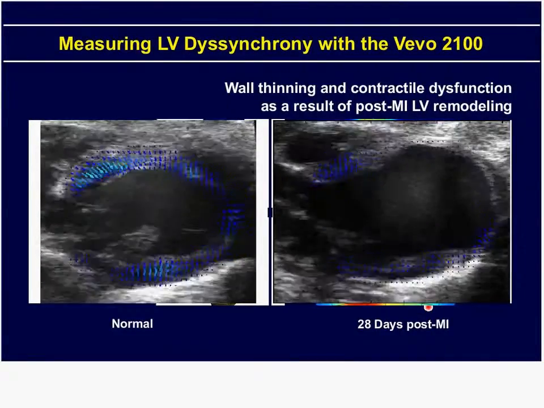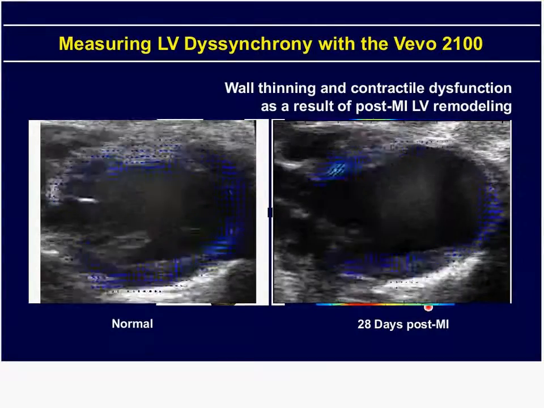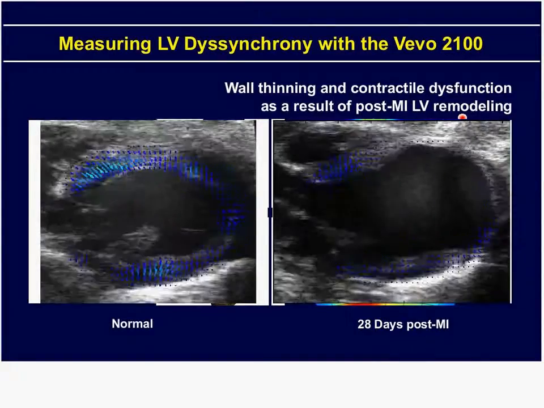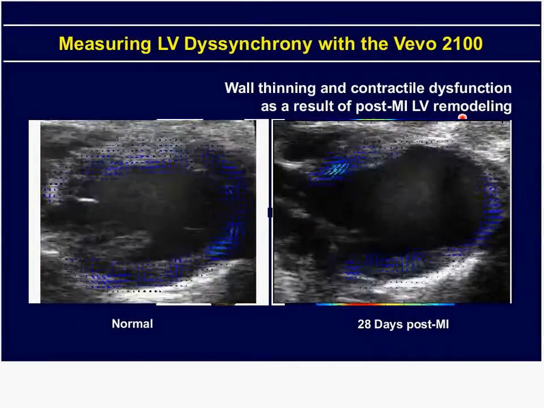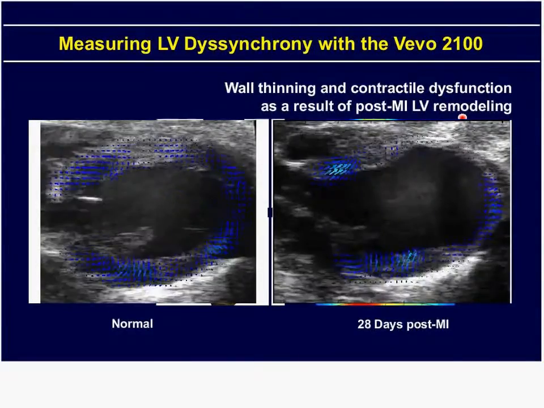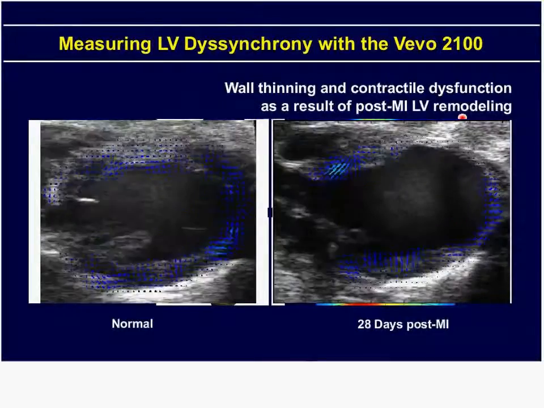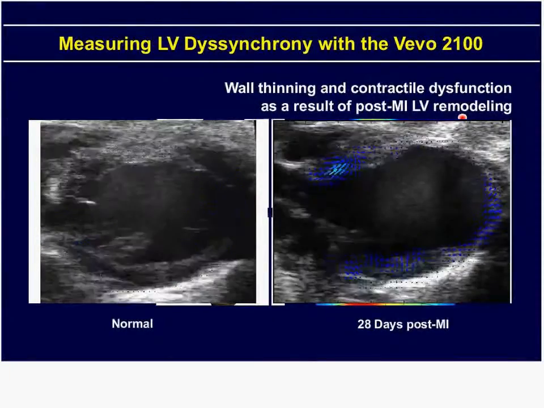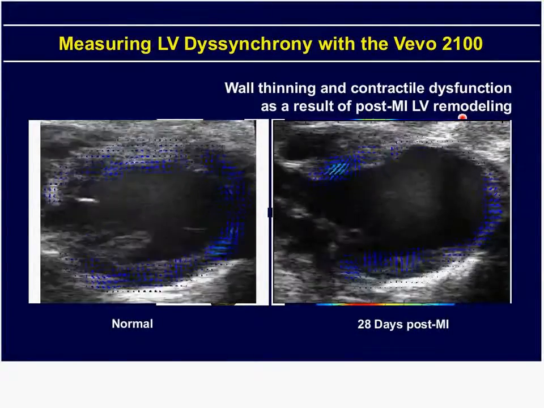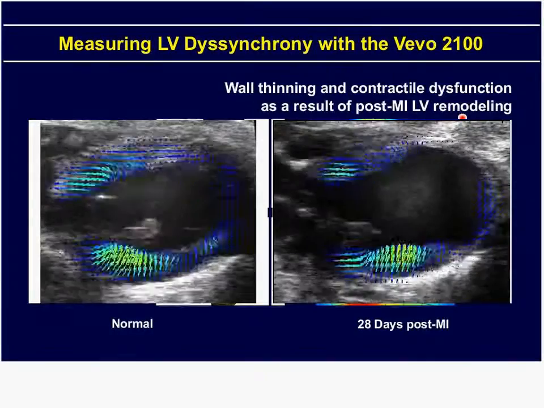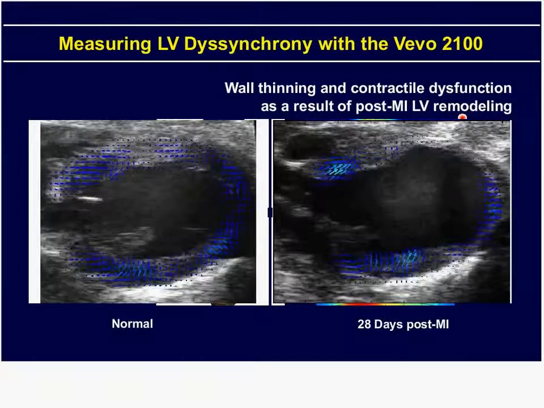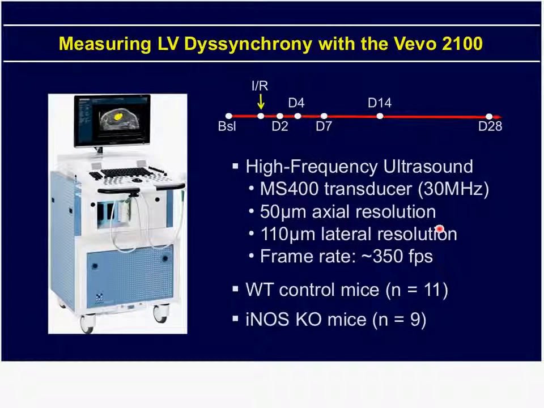And here, 28 days post-MI, I wanted to show this particular cine because it illustrates the cardiac desynchrony that can develop late after MI. There's almost a peristaltic wave of strain generation in the posterior wall, and actually the action is headed in the wrong direction. So that's not very good for cardiac output.